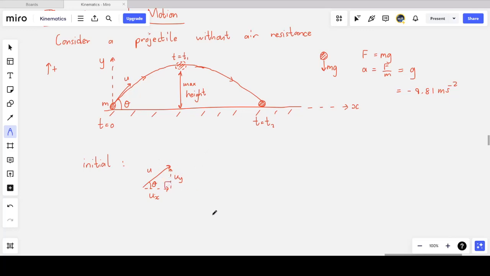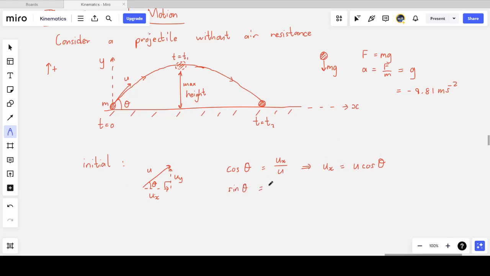And those are my perpendicular components, ux and uy.